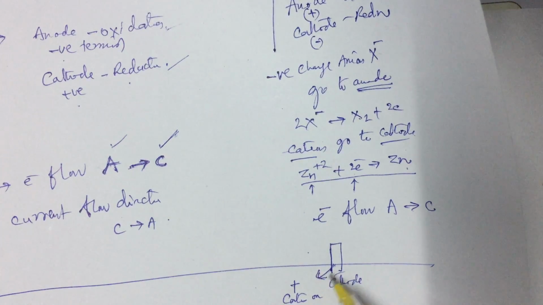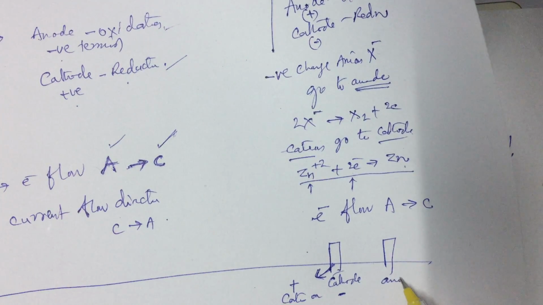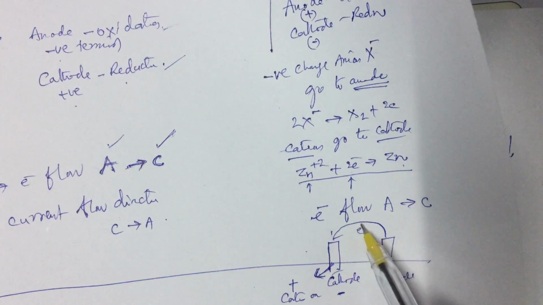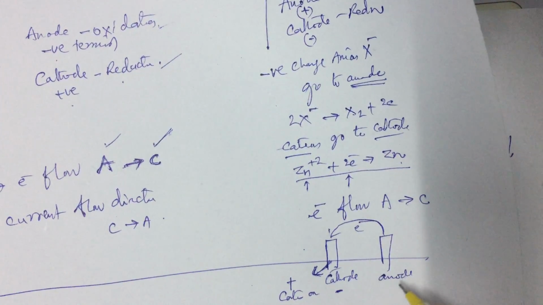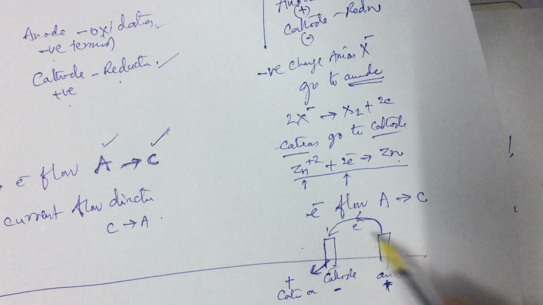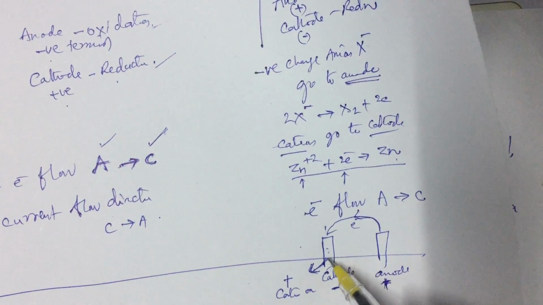Electrons are entering into the solution, into the electrolyte at the cathode. And they are coming from the anode. This is the flow direction of electrons. And the anode is a positive terminal. It is becoming positive because constantly electrons are pumped out of it. And the cathode is negative because electrons are getting accumulated and entering into the solution.